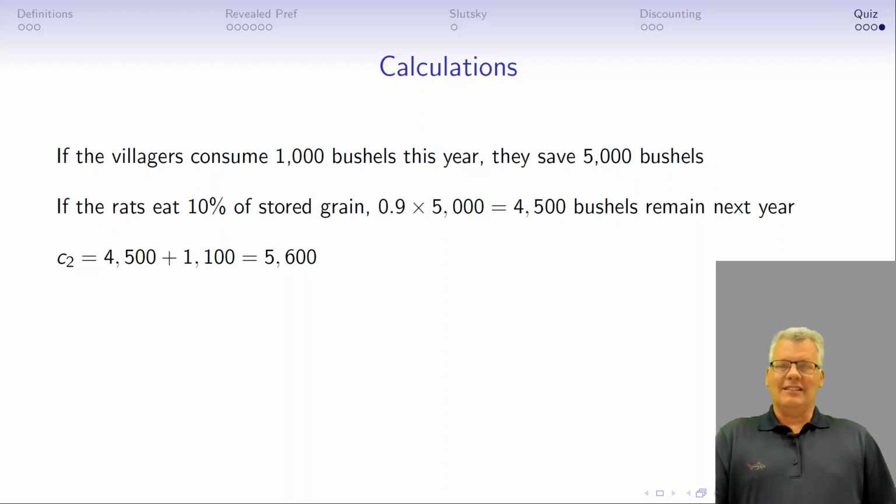So if they store 5,000, 4,500 bushels remain next year to be consumed because the rats are going to eat 500 bushels. So the maximum time period 2 consumption is going to be the 4,500 bushels that are saved that the rats didn't eat, plus the time period 2 harvest, which was 1,100 bushels. So the maximum possible consumption is 5,600 bushels.